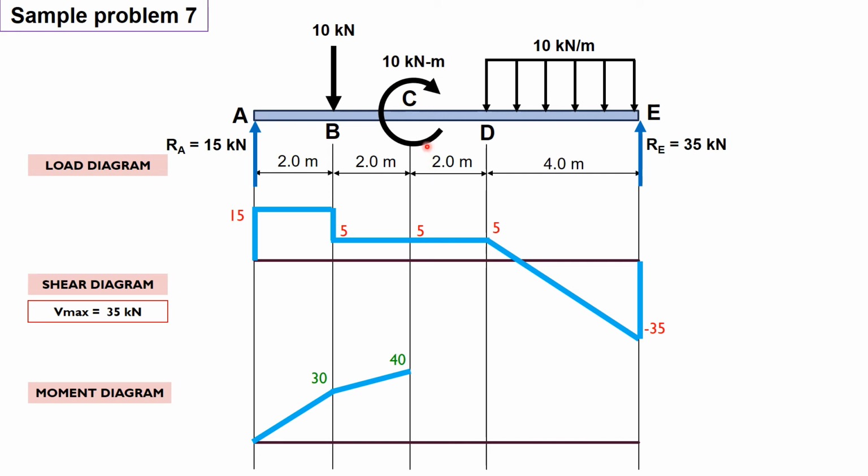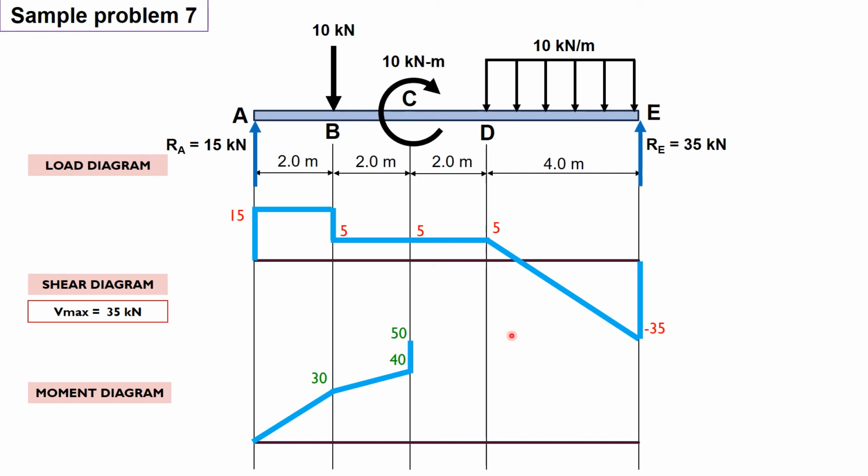So, dito mo na ngayon isasama itong 10 kilonewton meter na clockwise. Dahil clockwise yan, you represent it with an upward ordinate from 40. Dagdag ka dito ng 10. So, that 40 plus 10 will give you 50. So, 50 ang moment mo dito.